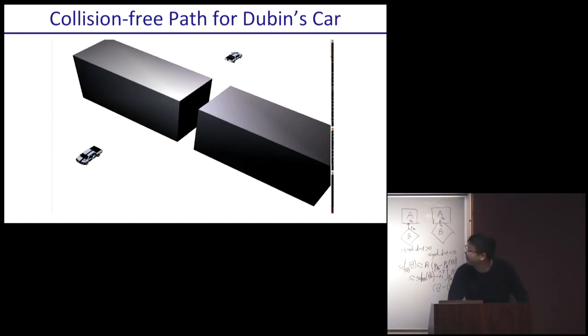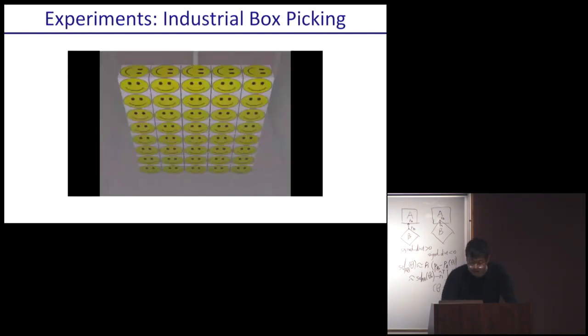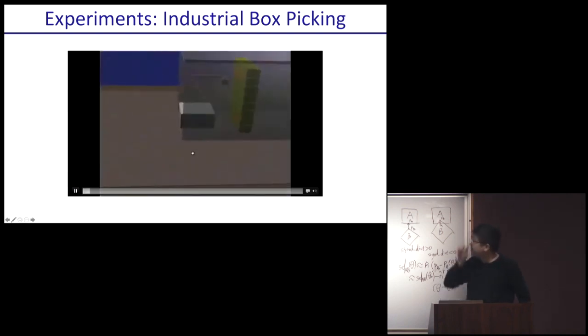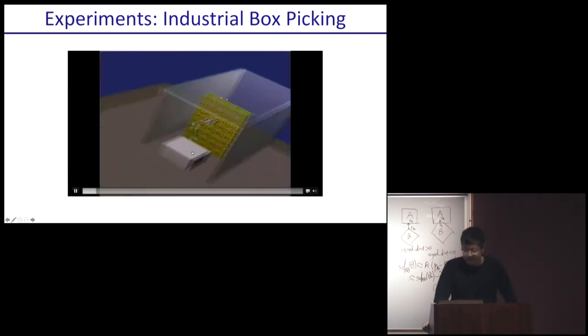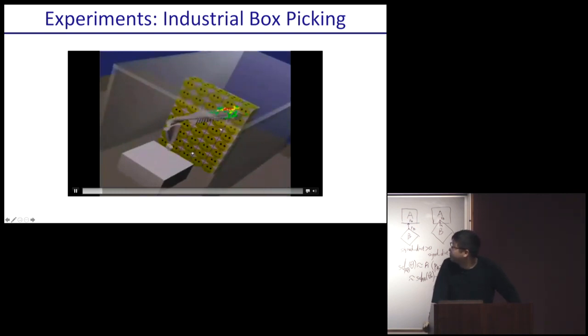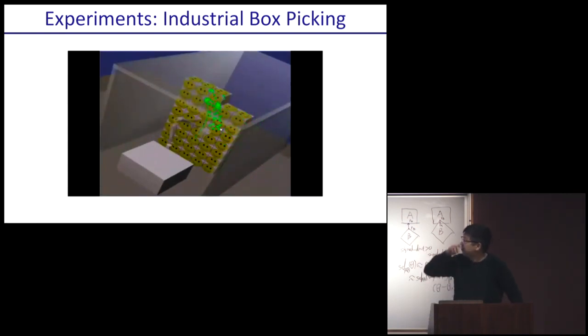Okay. Some more examples. This is an industrial box picking application. You can see the consecutive path is the planned trajectory, and the robot arm follows the planned trajectory and picks the box successfully.